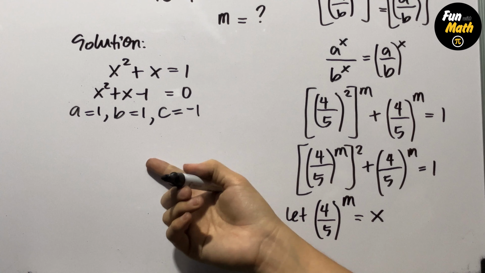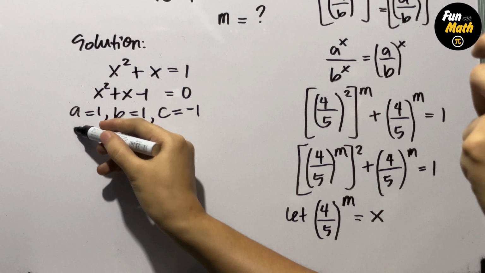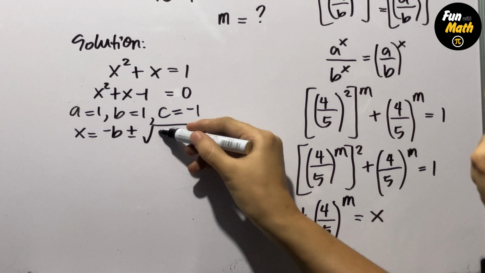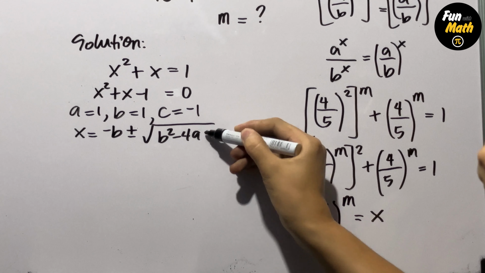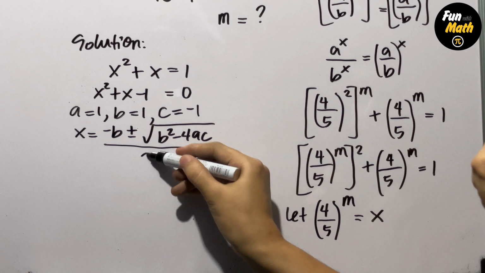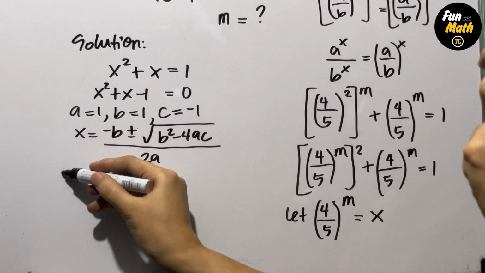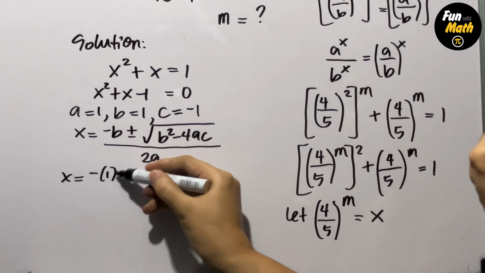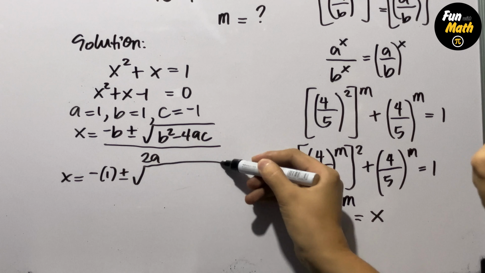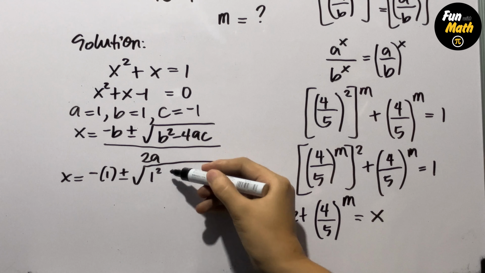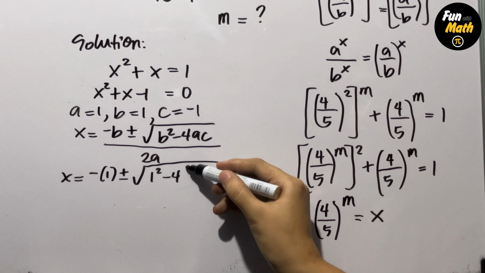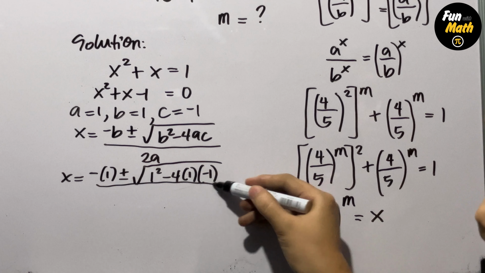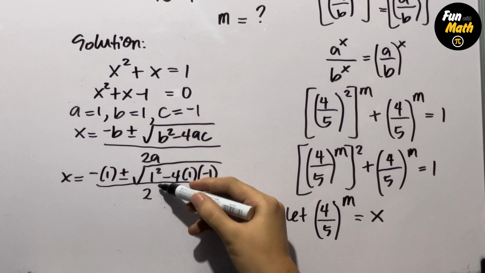Now, using the quadratic formula, we have x is equal to -b, plus or minus the square root of b squared minus 4ac, over 2a. Then x is equal to negative times b, that is 1, plus or minus the square root of b squared, that is 1 squared, minus 4 times a, that is 1, times c, that is -1, all over 2a, so that is 2 times 1.